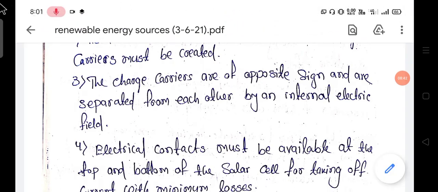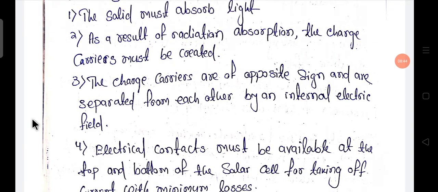First, the solid must absorb light. The material which we use in a photo cell must absorb light. Then, as a result of radiation absorption, charge carriers must be created.